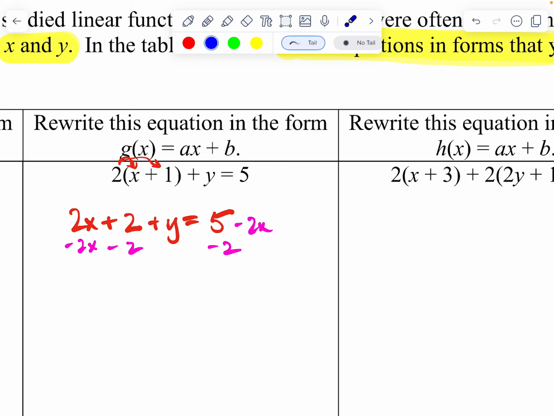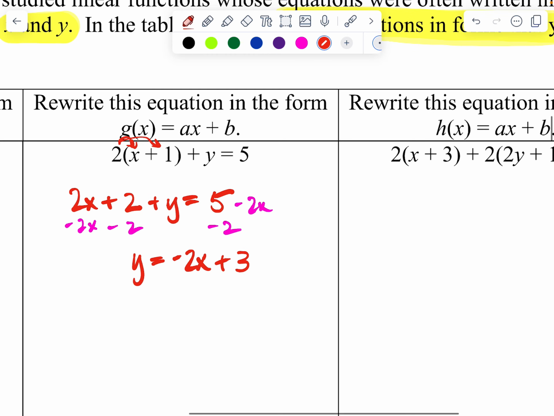All right, these are going to zero out, and I'm just going to be left with y equals, I'm going to put this negative 2x in front. I can write these in any order I want because of the commutative property. So negative 2x, and then the 5 and the minus 2 make a positive 3.